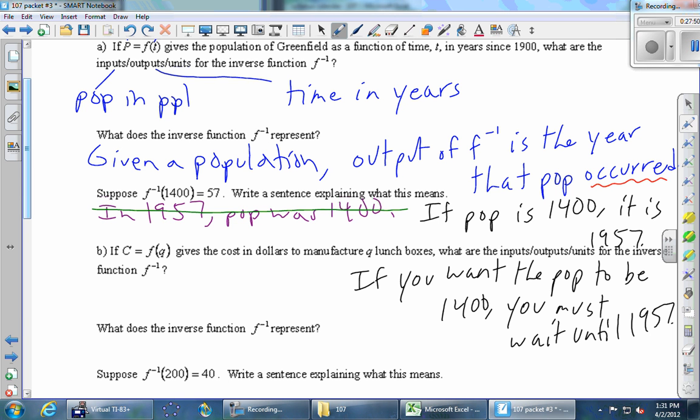However you write that, I really need you to say the 1400 first and the 1957 last, because that's what the inverse function does. Given the 1400, the answer is 1957. So give me a sentence that reflects that, the stress of the inverse function.